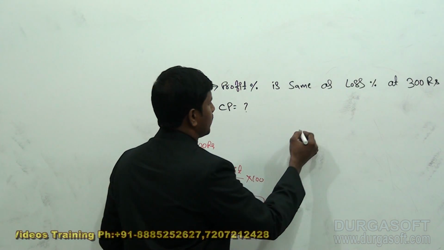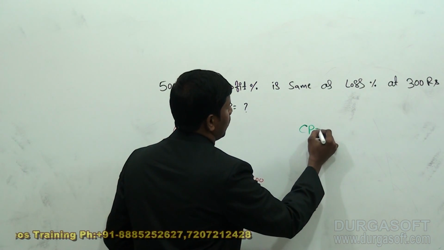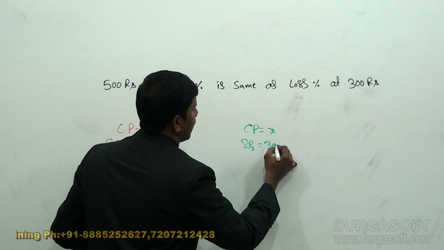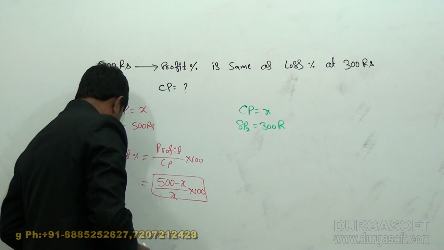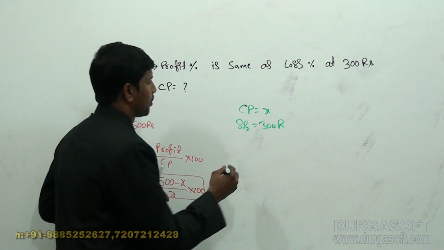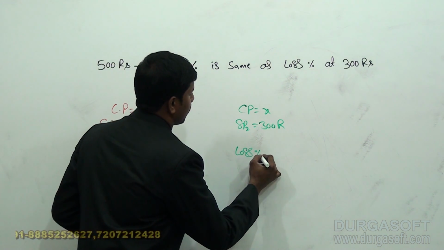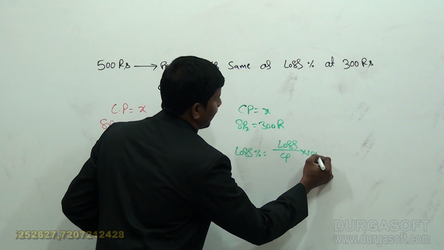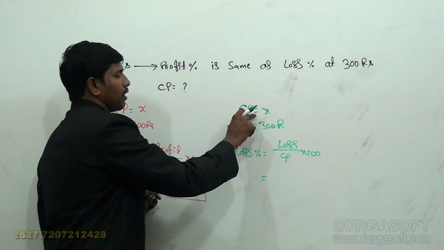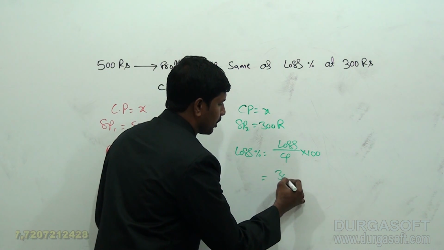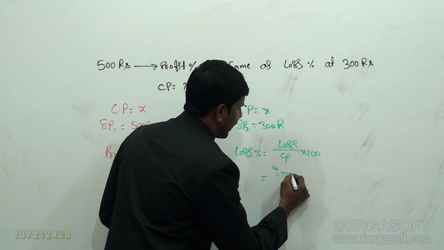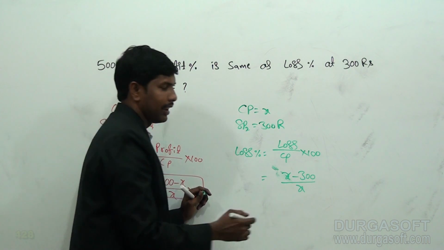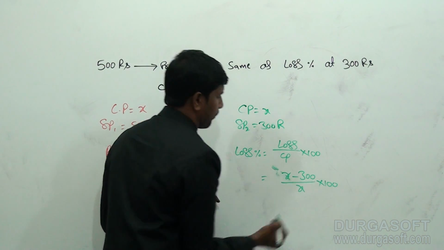And the next one has the same cost price X, but the selling price in this case is 300 rupees. So we get the loss percentage: the loss by the cost price into 100. Loss is cost price minus selling price, so it is X minus 300, by X, into 100.